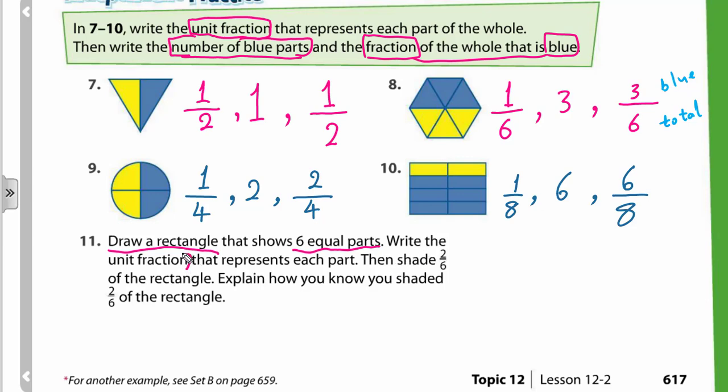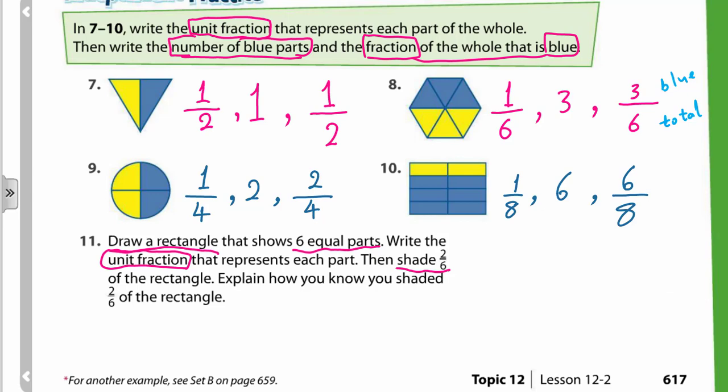Write the unit fraction that represents each part, then shade 2 sectors, 2/6, not 4. Oh, 2/6. I didn't see that well. Of the rectangle. Explain how you know you shaded 2/6 of the rectangle.